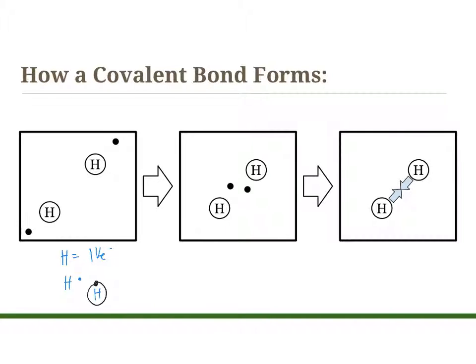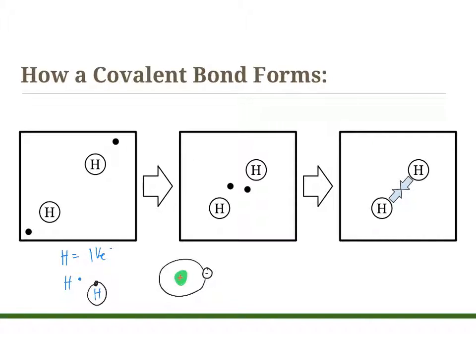But as they get closer and closer to one another, we have to remember a couple of things about the structure of atoms. The nucleus has a positive charge, and the electrons have a negative charge. If they are surrounding the nucleus, in a neutral atom, they are sort of canceling each other out.